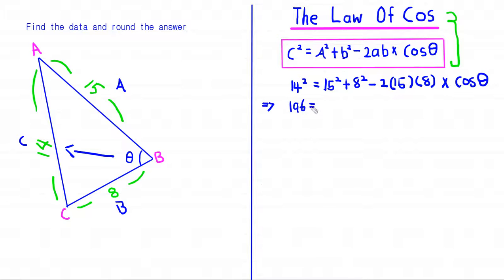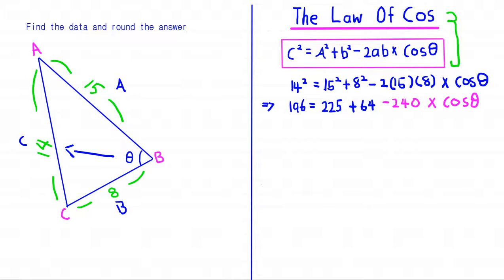That is equal to 15 squared, which is 225, plus 8 squared, which is 64, minus 2 times 15 is 30, times 8 is 240, times cosine of theta.